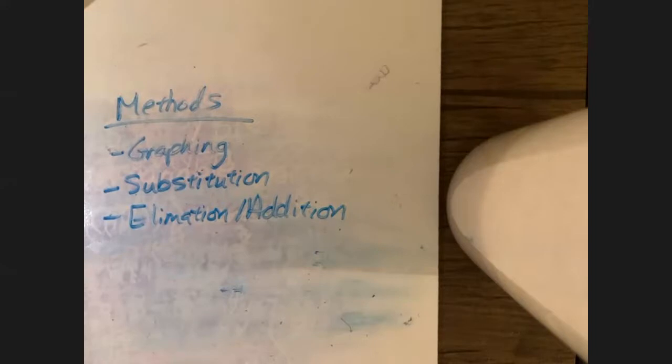Like, this is great, I can use substitution when I see this, or I can use graphing. It's pretty straightforward when we're looking at selecting a method.